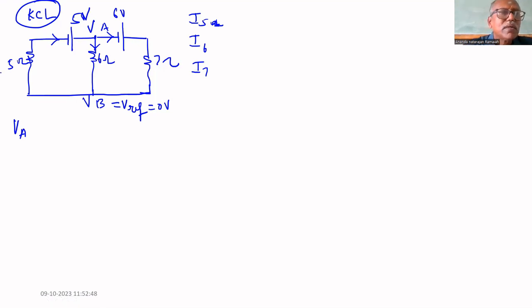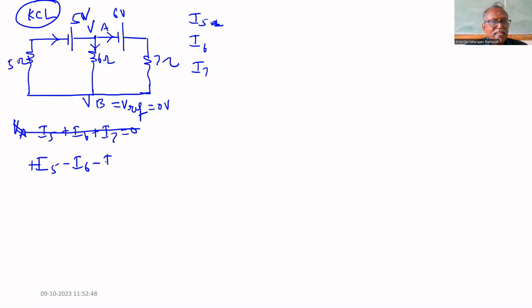So we can write the algebraic sum: plus I5 minus I6 minus I7 equal to 0. I5 is entering, I6 is leaving, I7 also leaving. That's why I wrote KCL, Kirchhoff's current law.